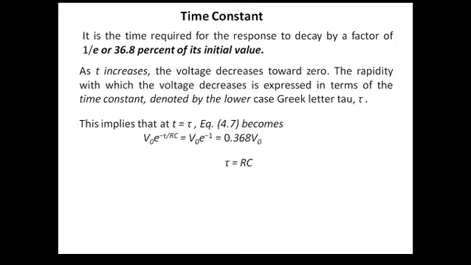So therefore this tau is equal to RC. That's the reason it is called the time constant of the RC circuit.